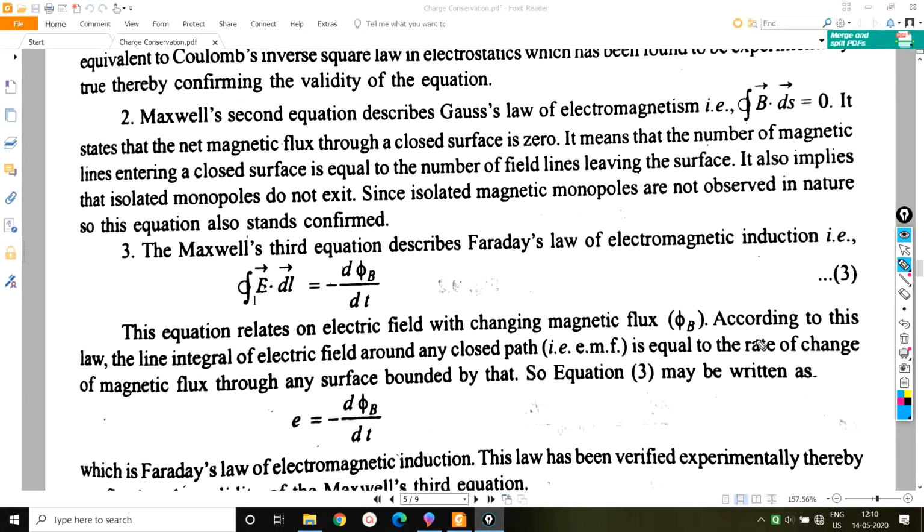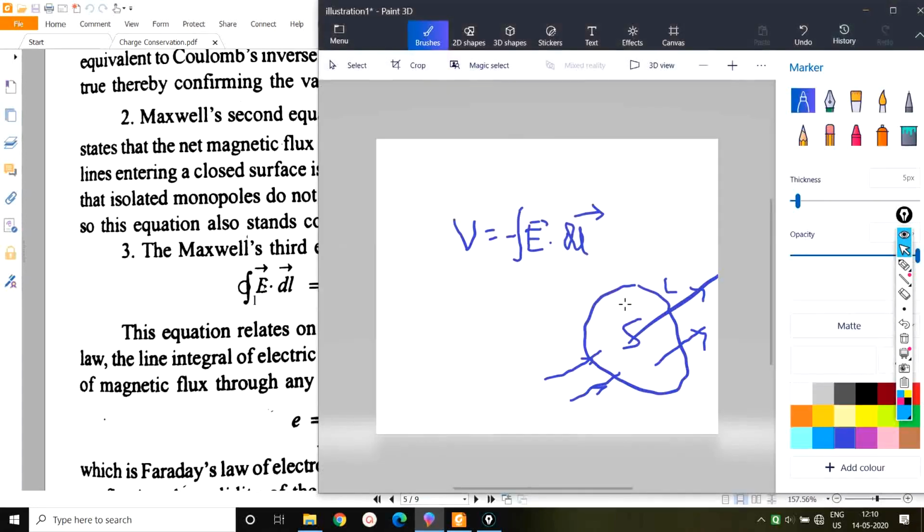So what does it tell? According to this law, the line integral of electric field around any closed path, which we call the EMF, is equal to the rate of change of magnetic flux through any surface bounded by that path. Again I will show you the diagram. Suppose you have this loop and this is the surface.